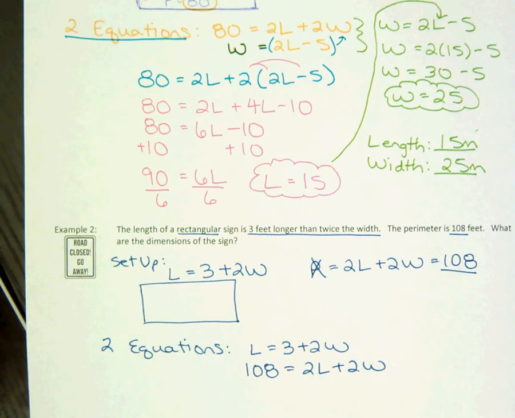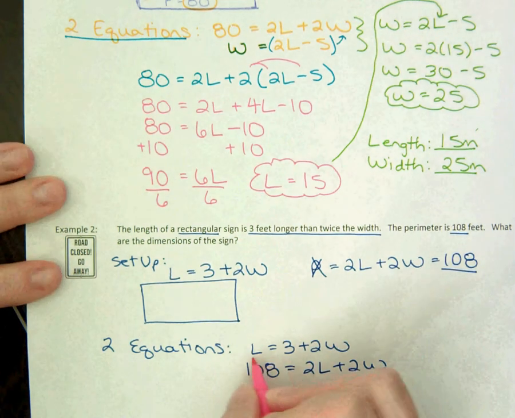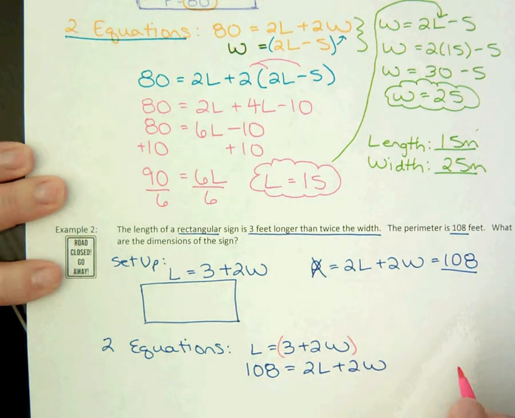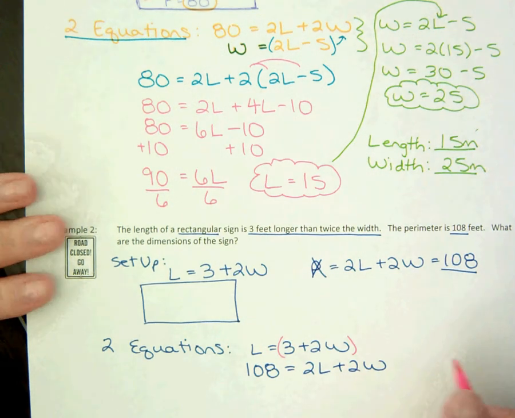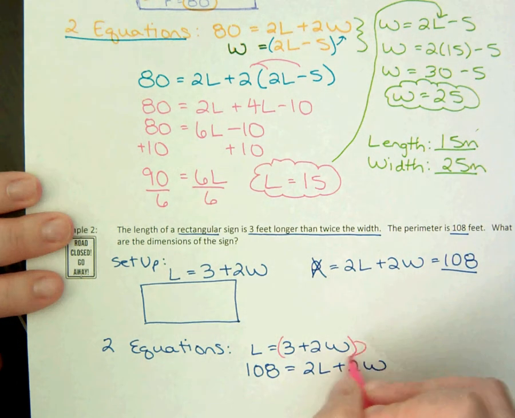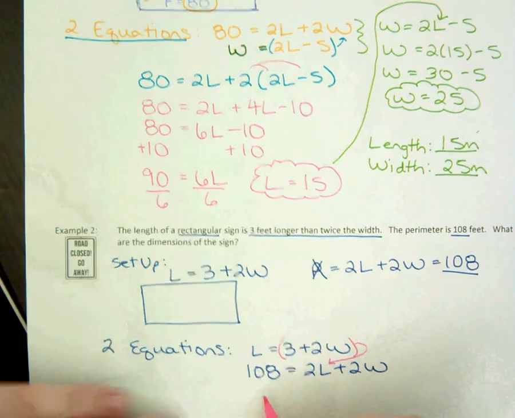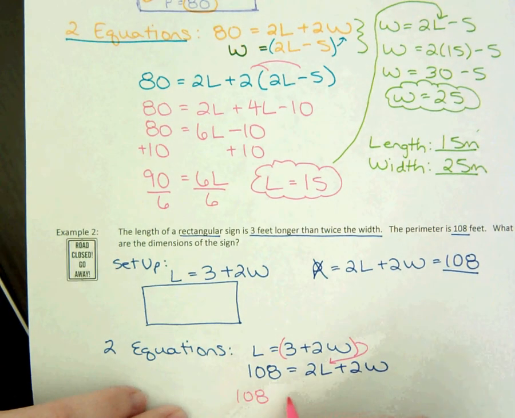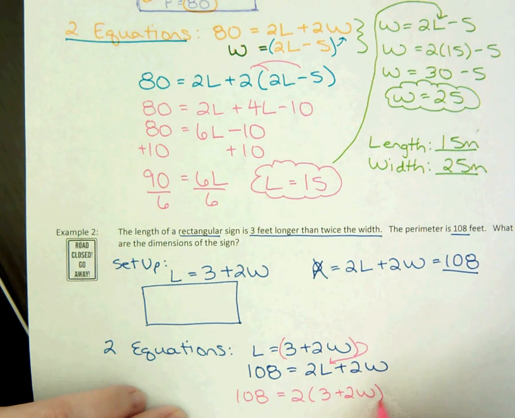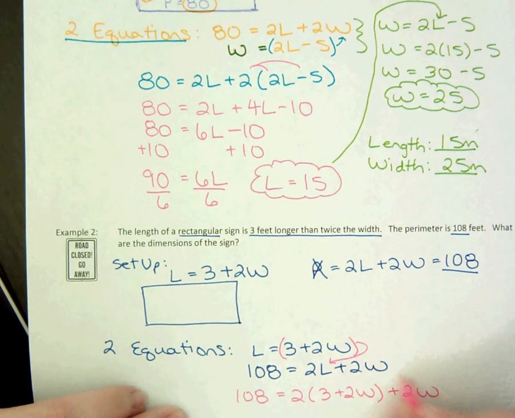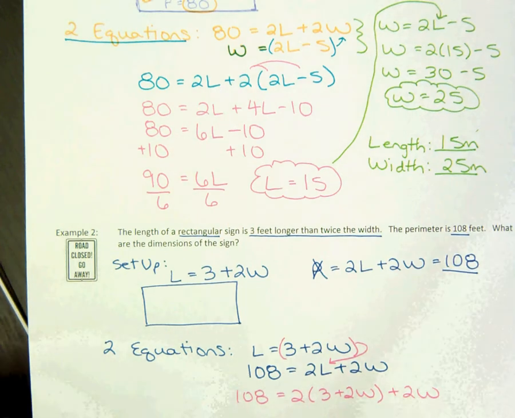So from here, I'm going to make my substitution. L is isolated, so L equals 3 plus 2W. So I'm going to substitute in that where I see L in the second equation. So 108 equals 2 times 3 plus 2W plus the 2W from the rest of the equation.